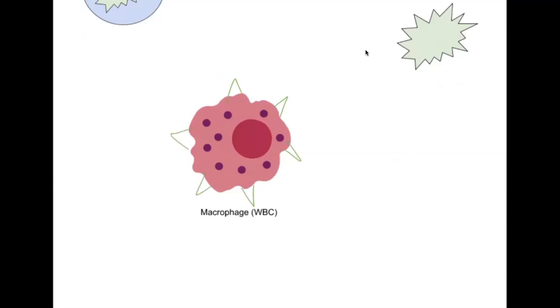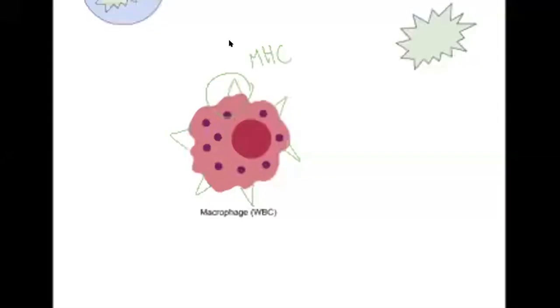They're not actually triangles on the cell, but these are green protein markers, and they are what are called MHCs. An MHC technically stands for a major histocompatibility complex. You guys do not need to know that. As long as you know that it stands for MHC, that's what really matters.